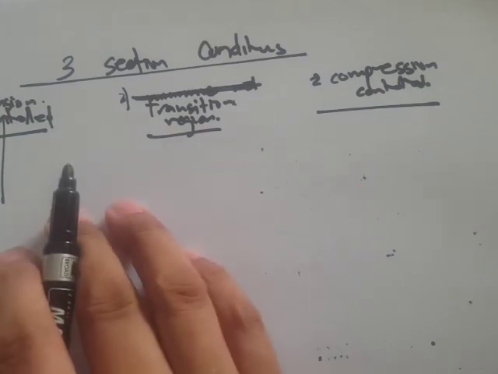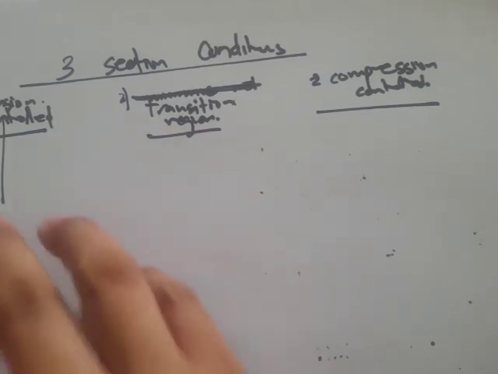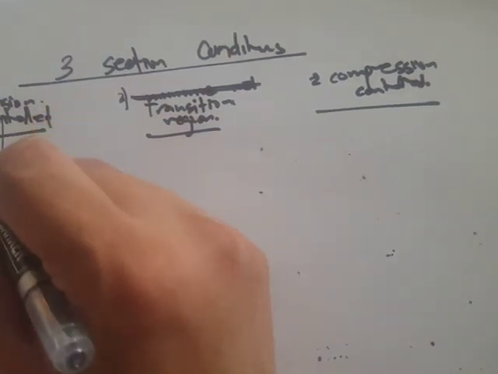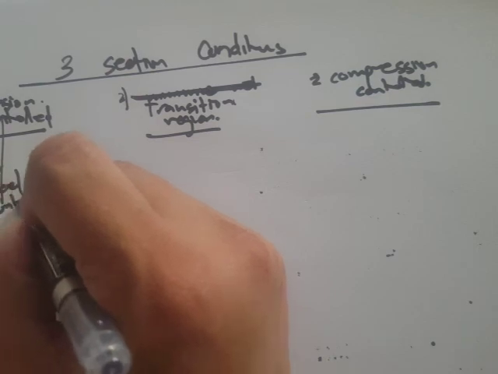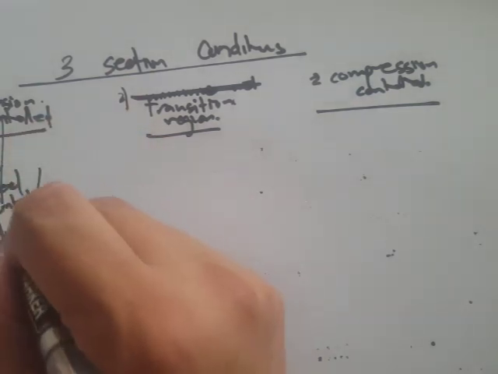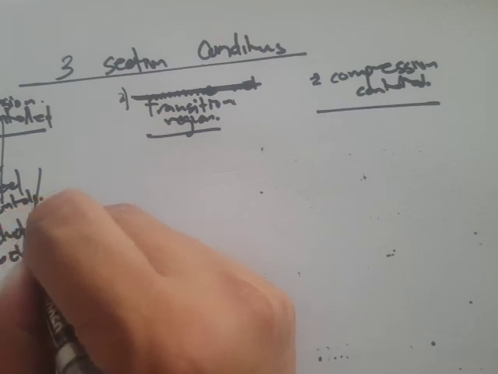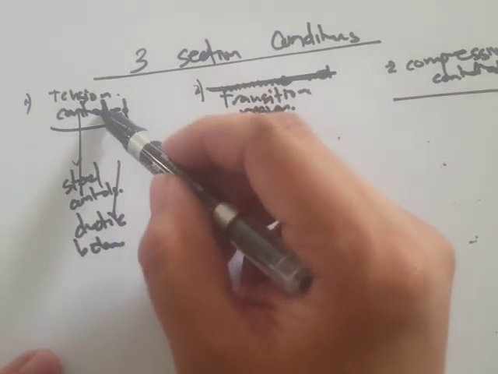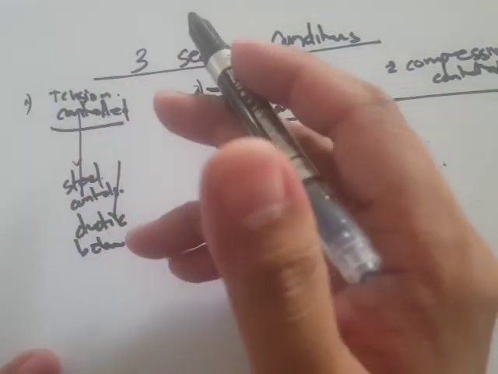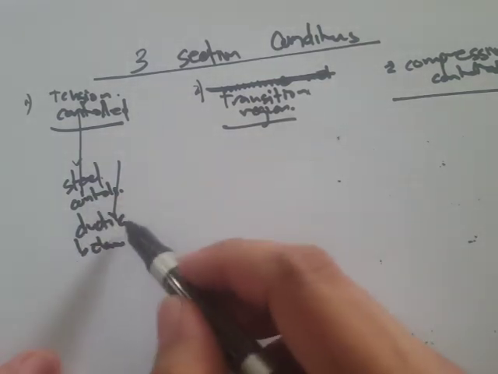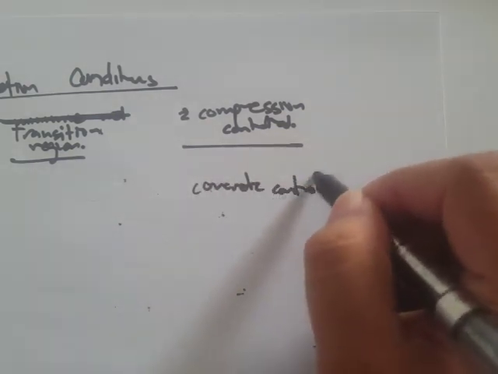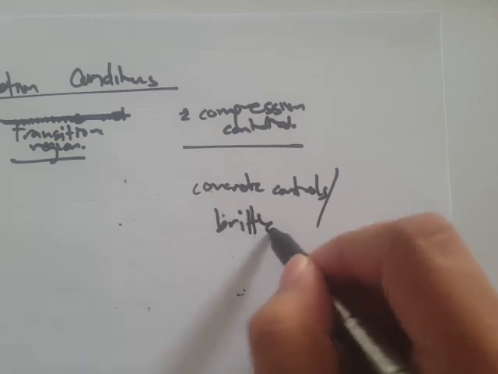So when we say tension controlled, we can write that as steel controls. We have a ductile behavior. Tension control: steel is the one controlling the section, so it's a ductile behavior. For compression control, concrete controls, and of course this one would be the brittle behavior.